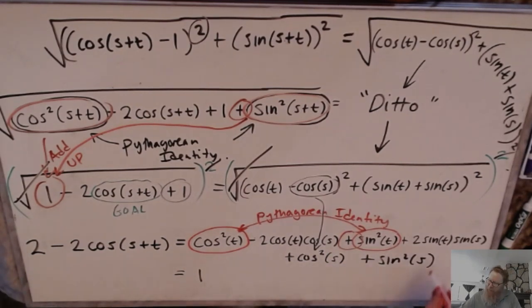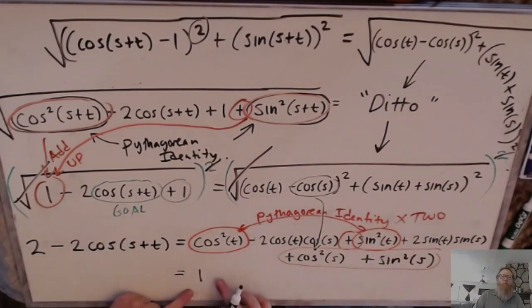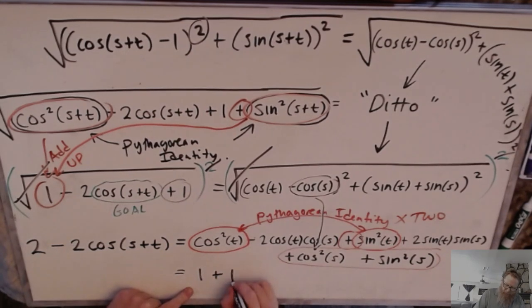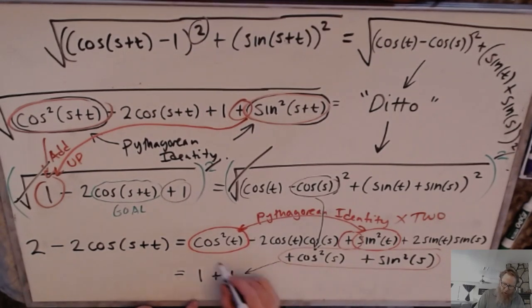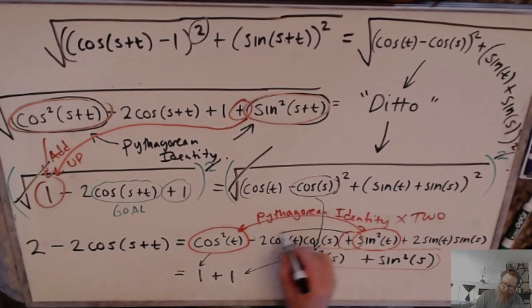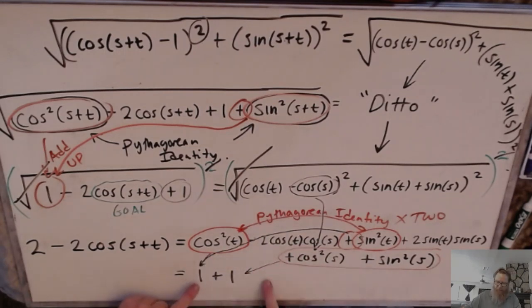All right. We got another Pythagorean identity. Yeah, we got 2 different Pythagorean identities. So these 2 become 1, and these ones also become 1. So we got 2 1s.